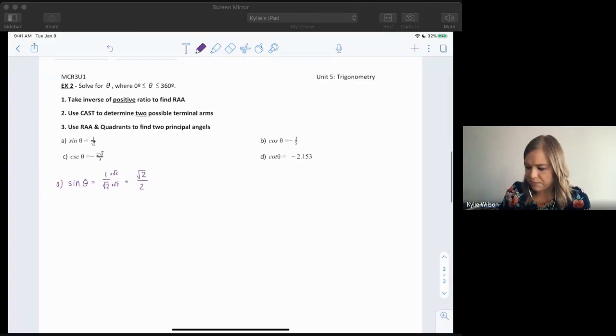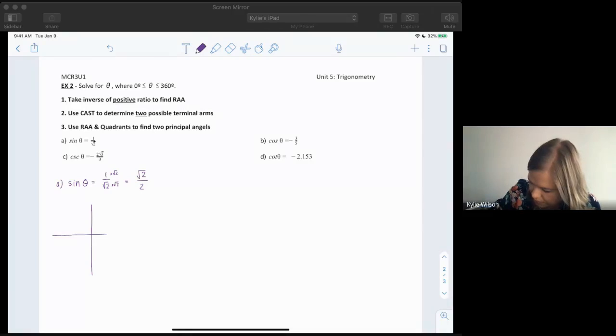The first thing I'm going to do is draw our diagram like this. So we have 0, 90, 180, and 270. We're going to be plotting some different terminal arms on here.